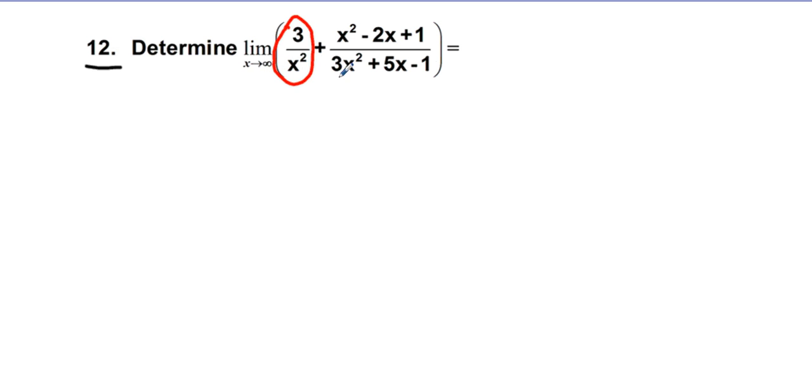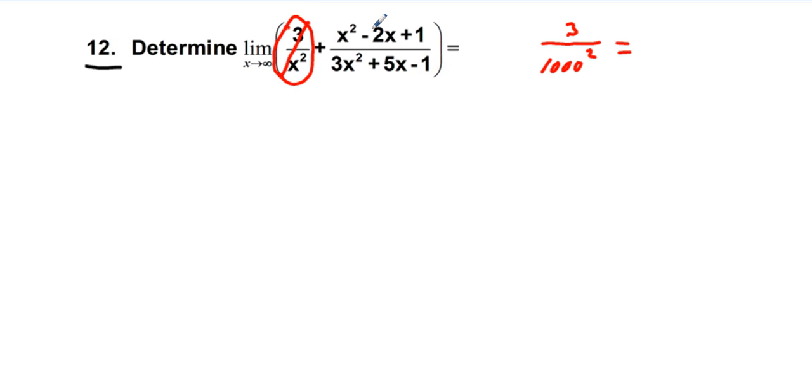Well, if x becomes just 1,000, then we have 3 over 1,000 squared, which is 3 millionths. So 3 over x squared tends toward 0 itself.